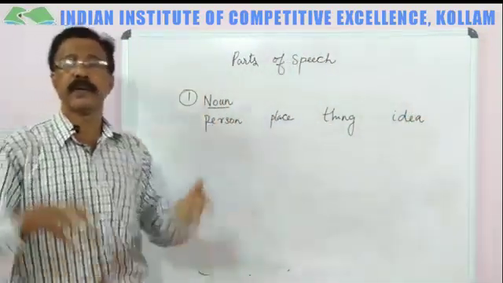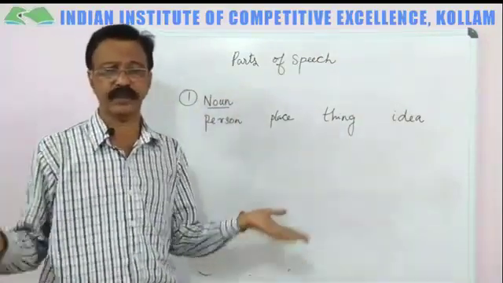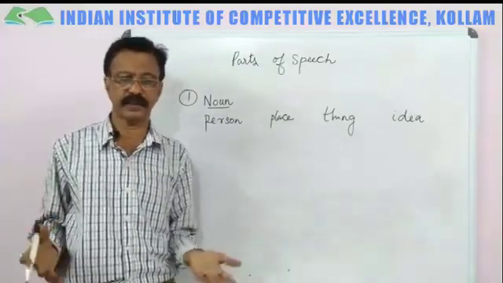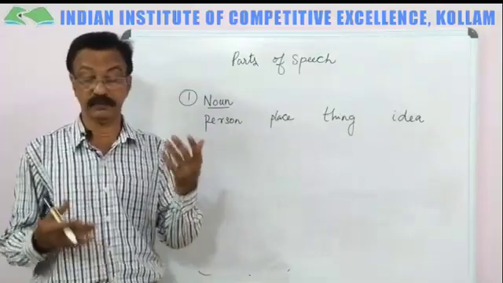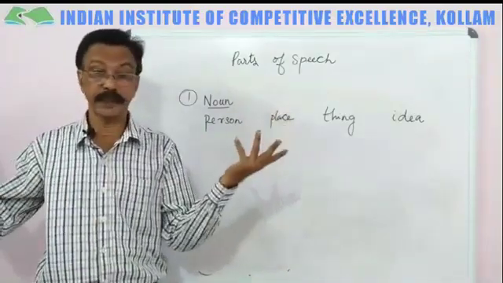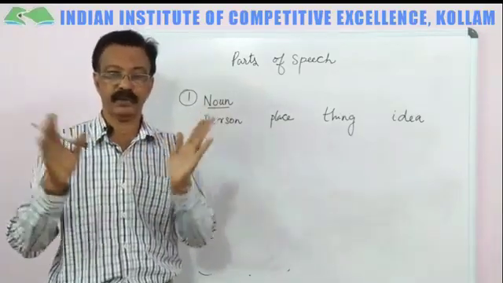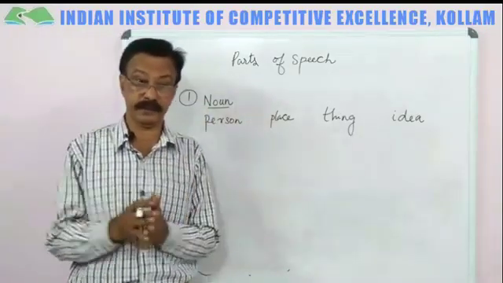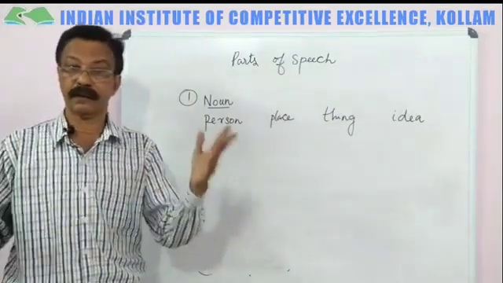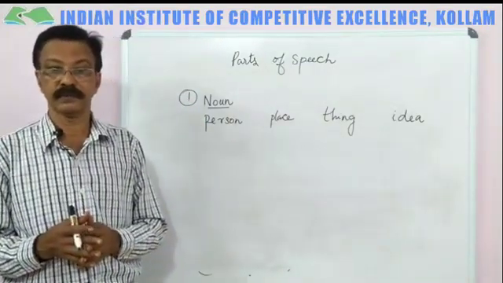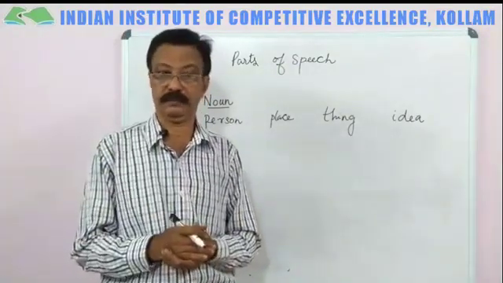Person. Names of people: Christian, Rafiq, Rasia, Rani, Jaishankar, Shankar, girl, dentist, nurse, man, woman. Any name of a person. Bill Gates, Joe Biden, Imran Khan, Saurav Ganguly, Sachin Tendulkar.